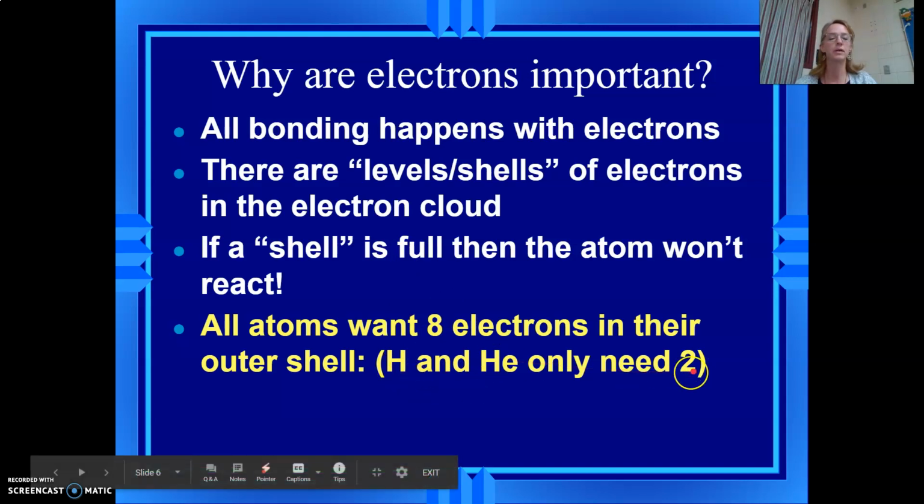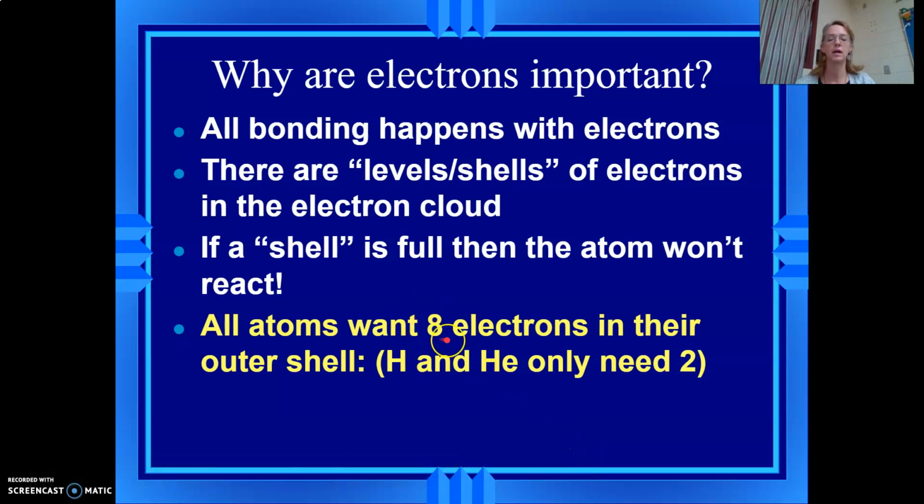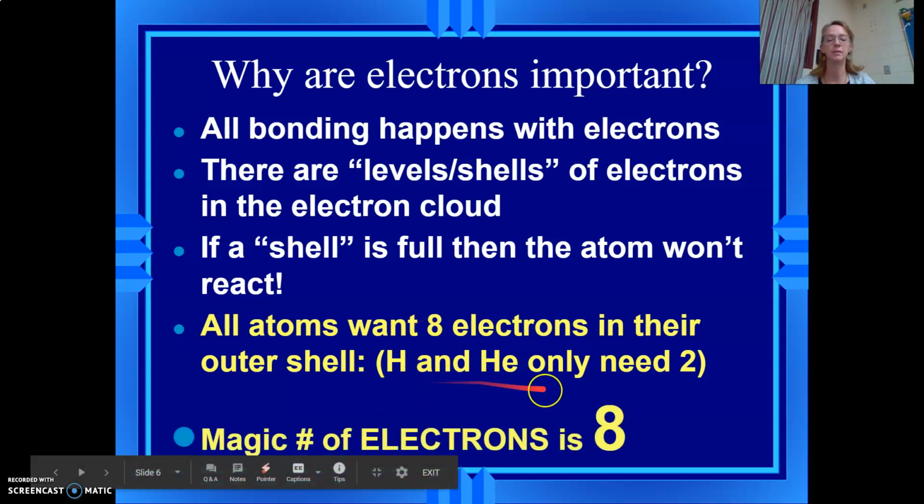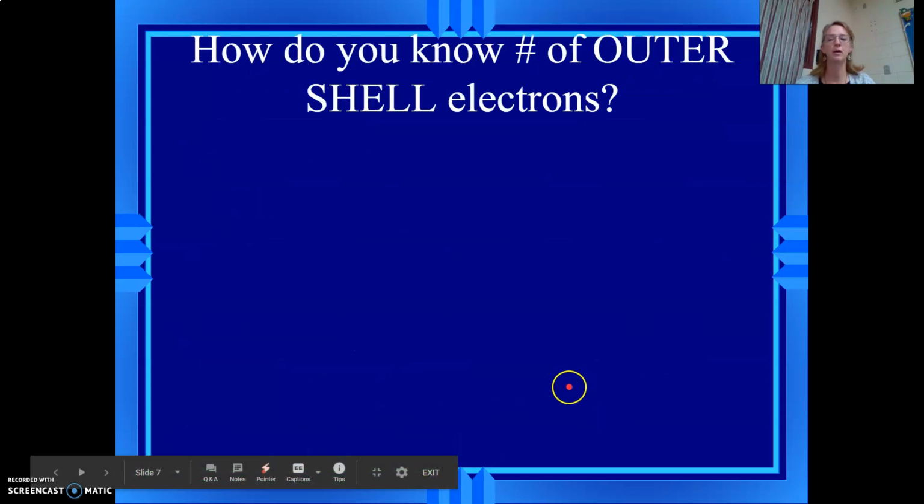Hydrogen and helium only need 2 electrons because they are in that first horizontal row. And remember that first orbital can only hold 2. So that orbital is stable with 2. All the other orbitals are stable with 8 electrons. So for the most part, 8 is our happy number that atoms want to reach. We call it a magic number. So magic number 8, happy number, however you want to think of it.